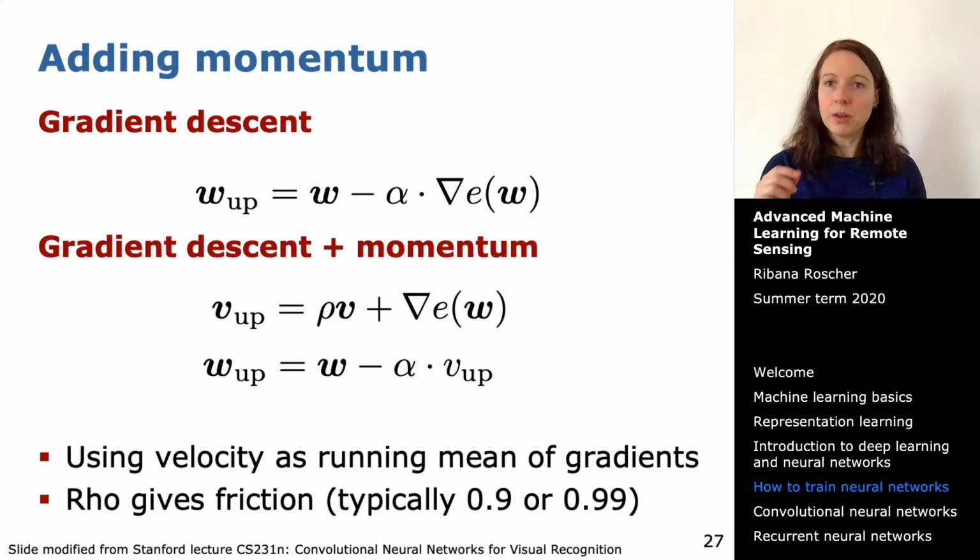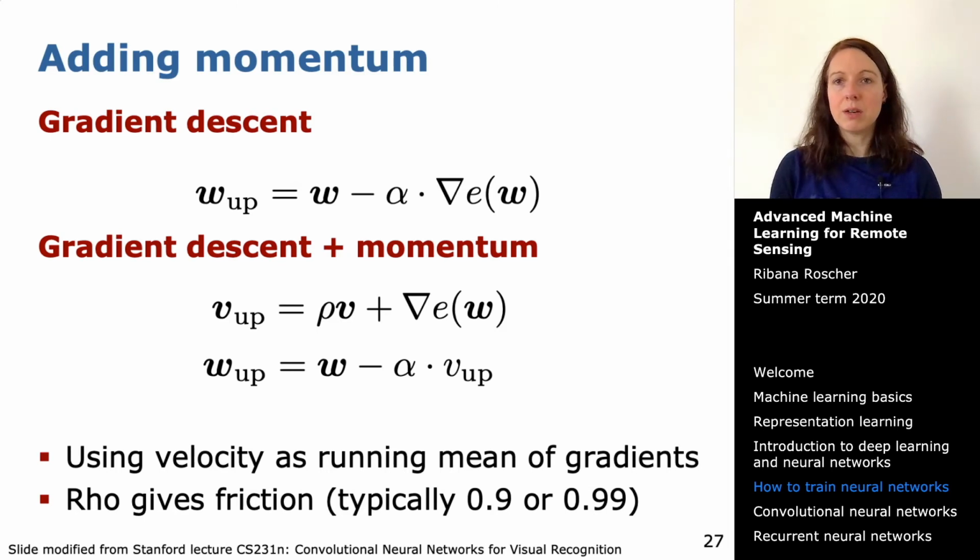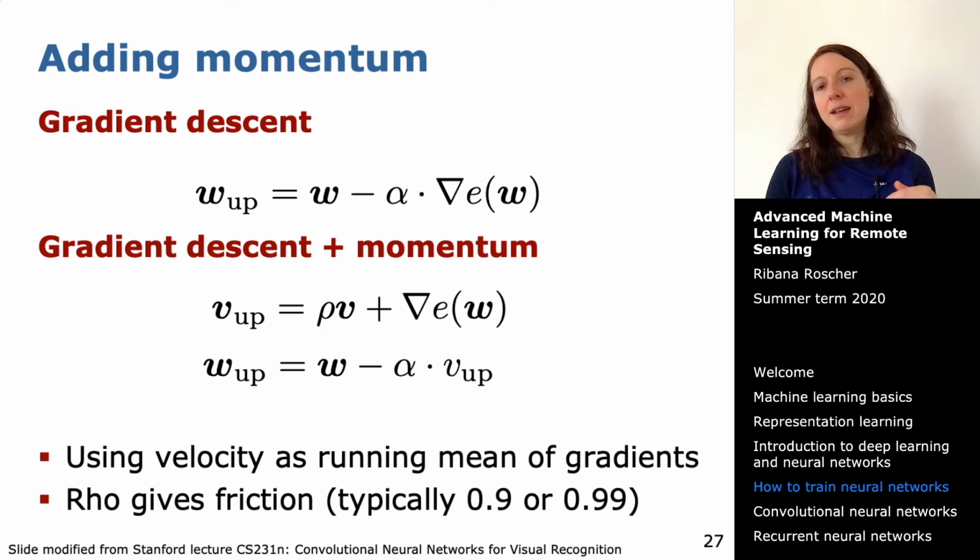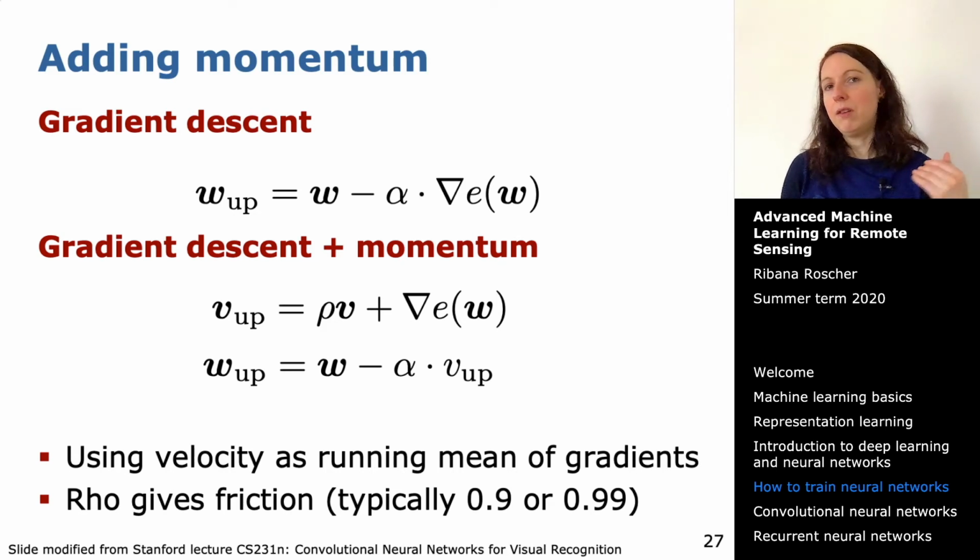Let's have a look at the standard gradient descent again. What you have here is the learning rate alpha. The gradient is indicated with this nabla E. The parameters are W, and W up are the updated parameters. There's a simple strategy that adds momentum to the gradient, and momentum can be seen as some kind of velocity.